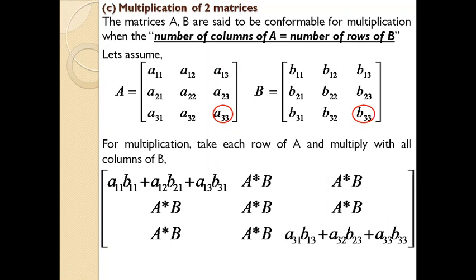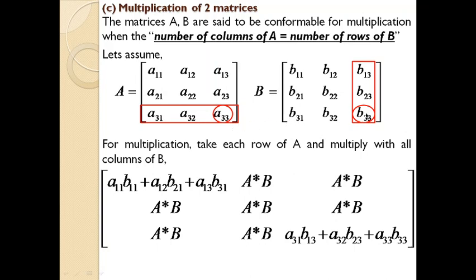The concept is that we mark these two items in order to find the particular row as well as column. A33 is in the last row of the first matrix and B33 is in the last column of the second matrix. For identification of that row and column only, we are selecting A33 and B33.